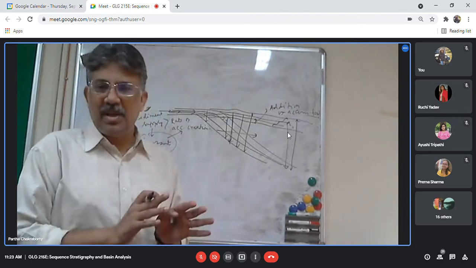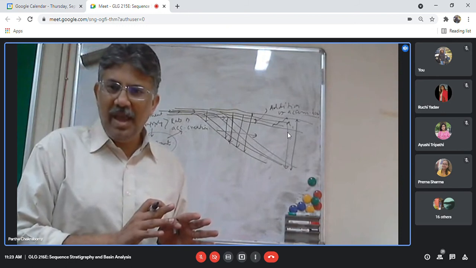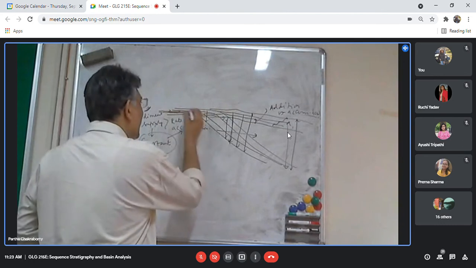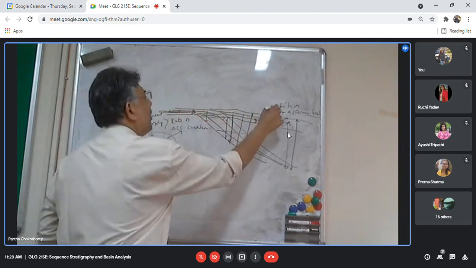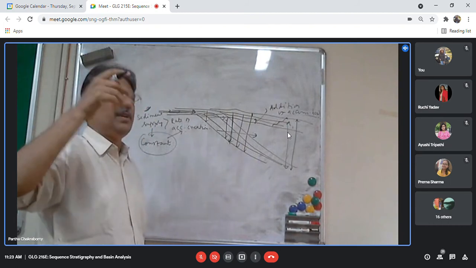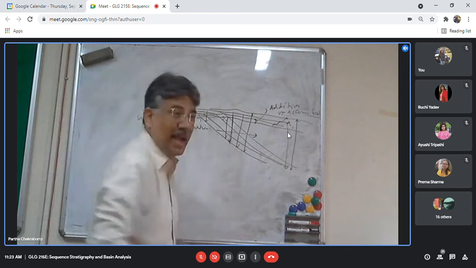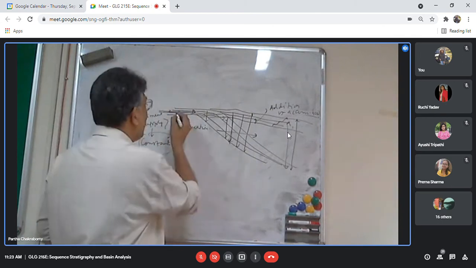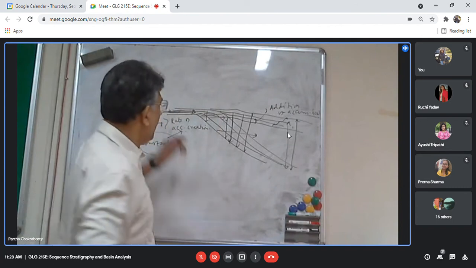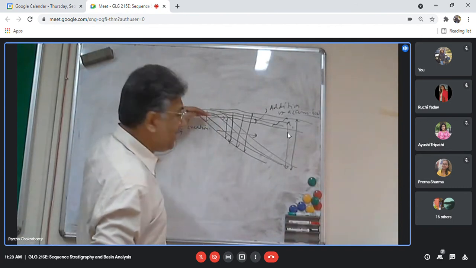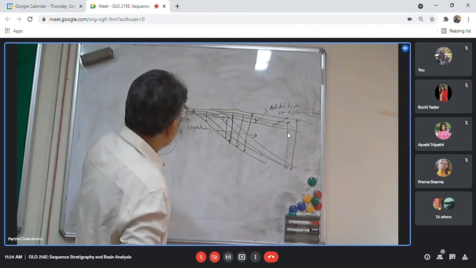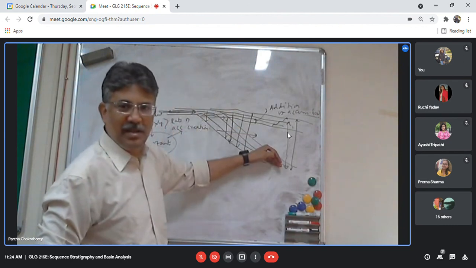That is what I am expressing. Sediment supply is constant and always more than the rate of accommodation rise, and that is why it is normal regression. But at the same time, during normal regression, you are getting aggradation and progradation. Because the sediment supply is high, it fills the accommodation generation and the extra sediment spills over to the deeper basin.